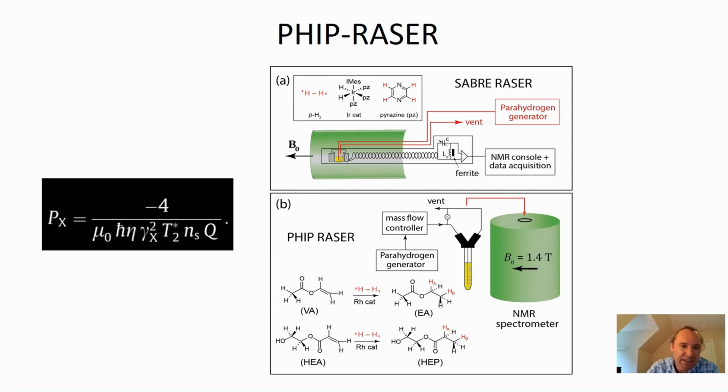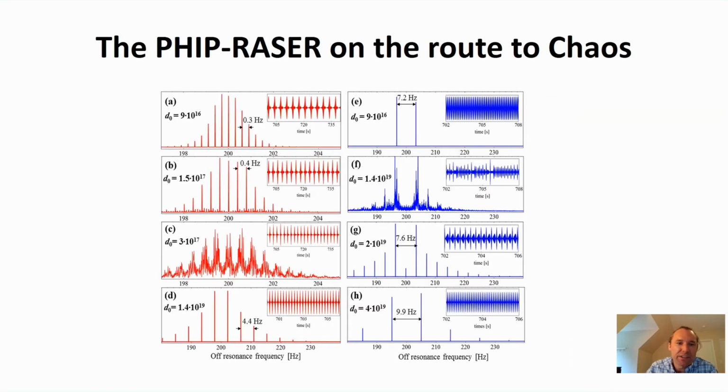So you can see that a large Q of the coil is useful, a large number density N_S is useful, and large T2s are useful in order to have lower requirements on the polarization. But what we explore in this system here is what happens when you go way above this threshold, and all kinds of interesting things appear.